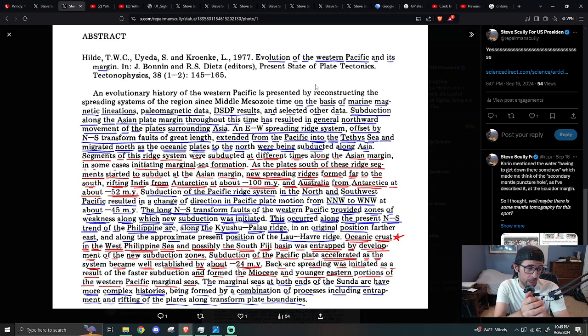I don't know. The long north-south transform faults of the Western Pacific provided zones of weakness along which new subduction was initiated.